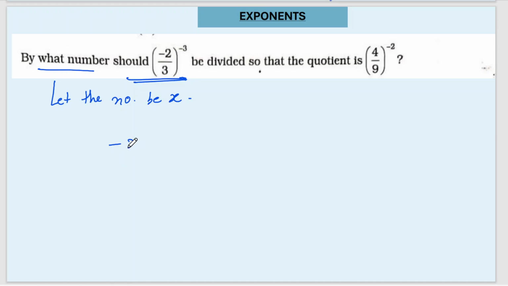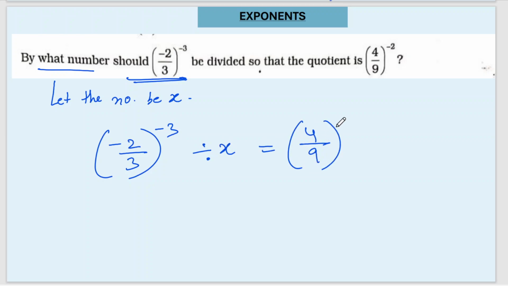So (-2/3) whole to the power minus 3 divided by x will give us (4/9) to the power minus 2. Okay. Now, what is (-2)^-3? So we can write this as (-3/2) to the power 3.